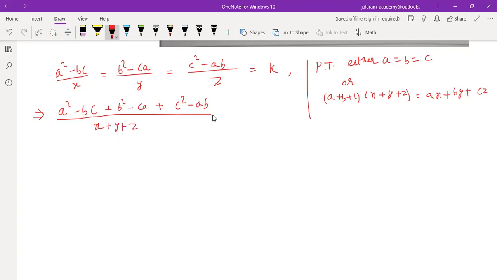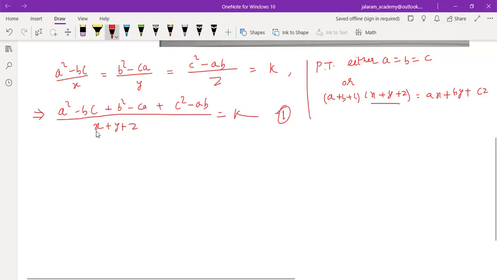Look at this, it is giving x plus y plus z, which we have to bring into our proving. We have to prove that a plus b plus c into x plus y plus z equals ax plus by plus cz. I think it must be whole square. Okay, we will check that.